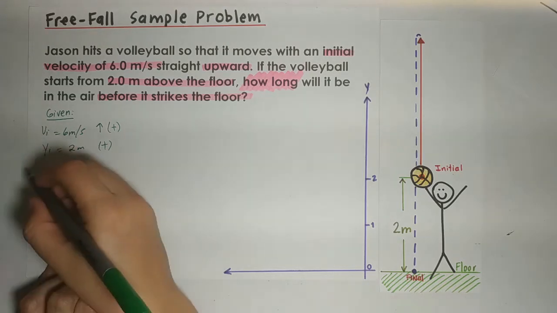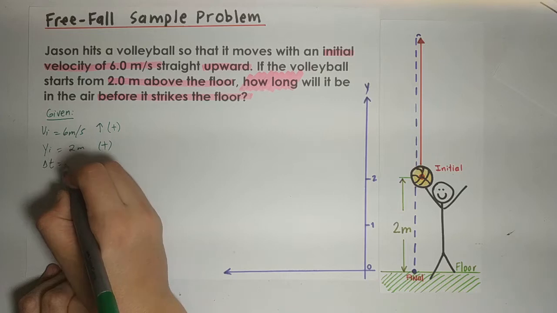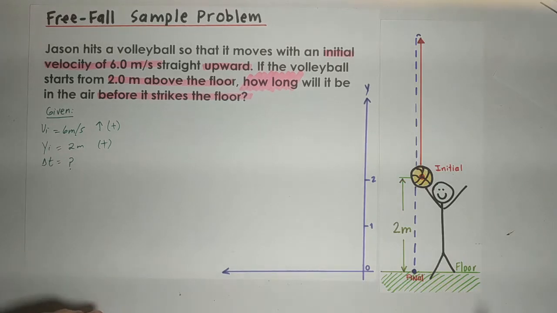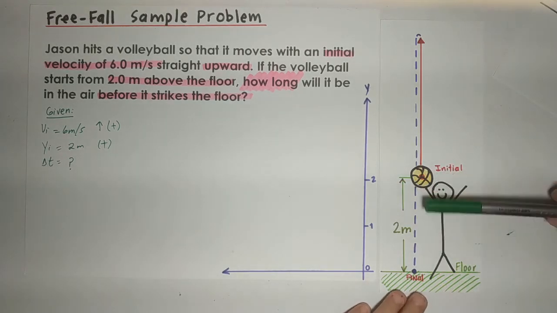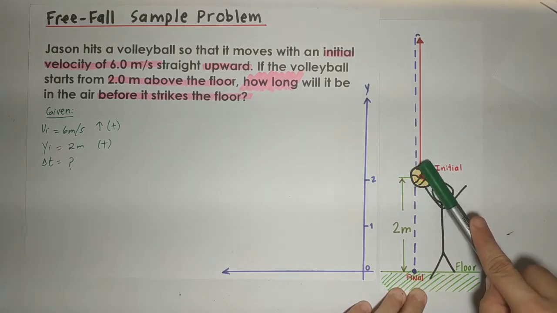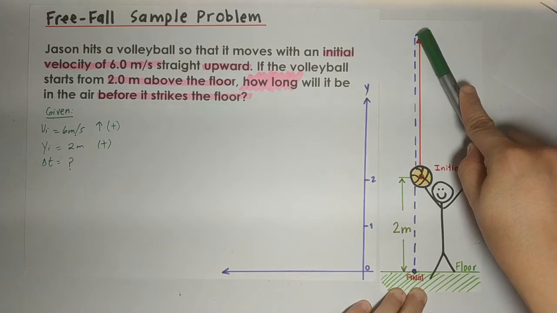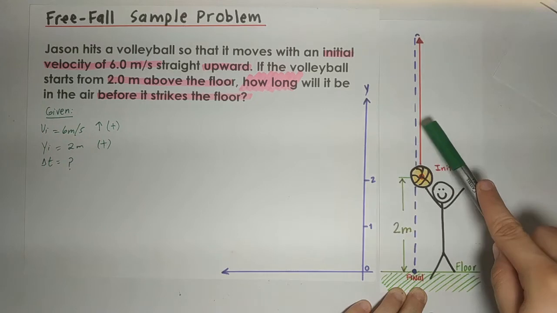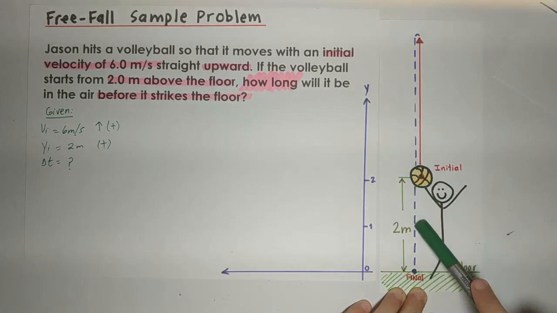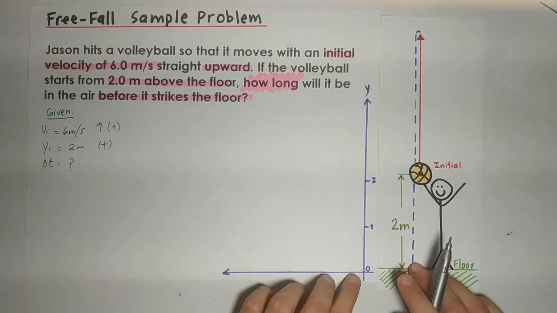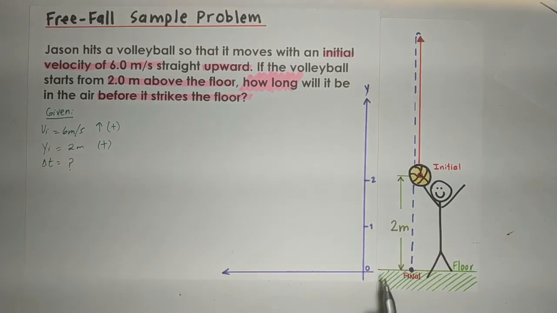We're talking about time. Delta time is unknown. And it says before it strikes the floor. So I want you to analyze this. The ball is moving initially with 6 meters per second of velocity upward. Then at a certain point it will start to go downward. At this point here, right in the floor, as you can see, I drew a Cartesian plane here.